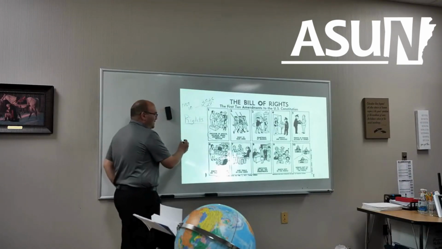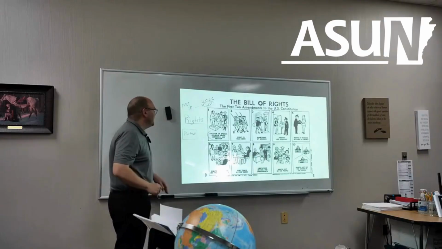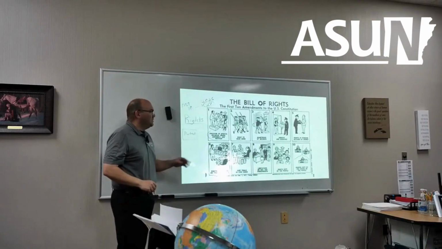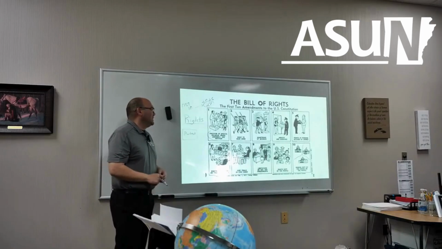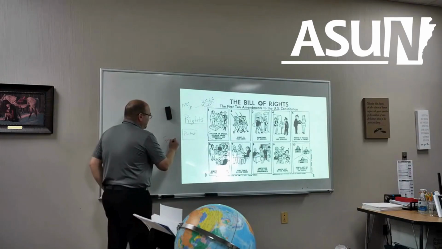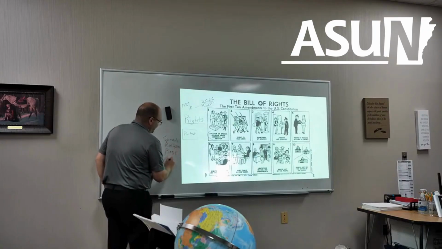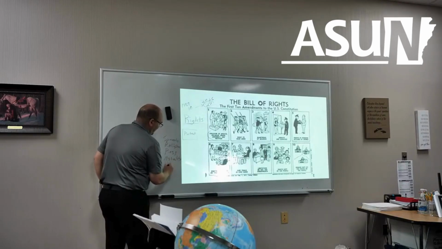They might give you a picture of protests. Doesn't matter what they're protesting. And then it'll have these 5 freedoms. It'll have speech, religion, press, assembly, and petition the government.